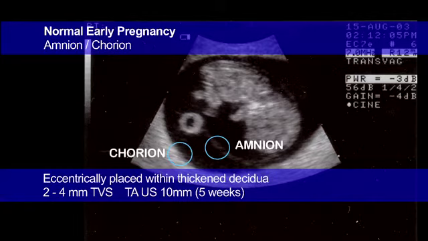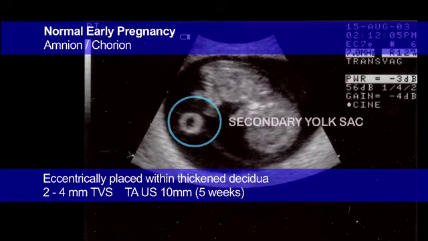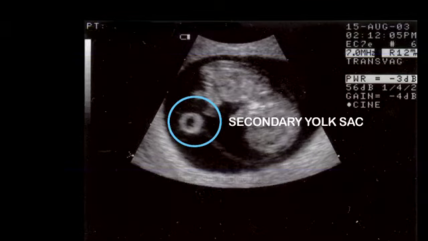In between the two is the exocoelomic space, and lying in that space, visible until approximately 12 weeks, is the secondary yolk sac, visualised quite separately in this slide from the embryo, as opposed to the earlier 8-week appearances. The crown rump length at this stage is around 22 to 30 millimeters.